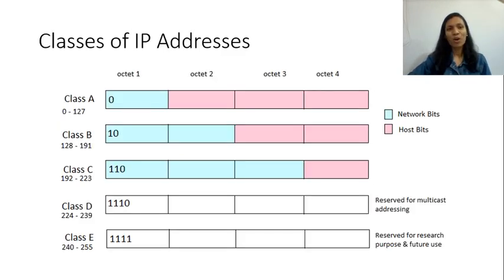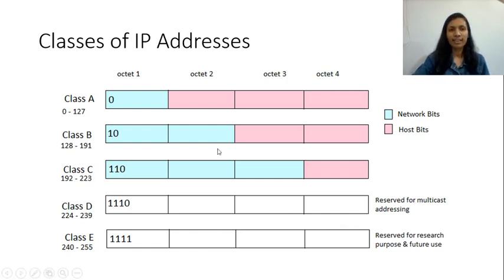Next, let us move on to the classes of IPv4 addresses. The IPv4 addresses are divided into 5 classes: Class A, Class B, Class C, Class D, and Class E. The 5 classes can be differentiated using some fixed bits.